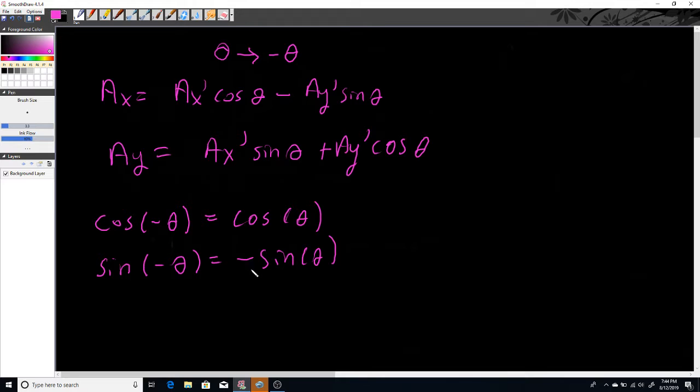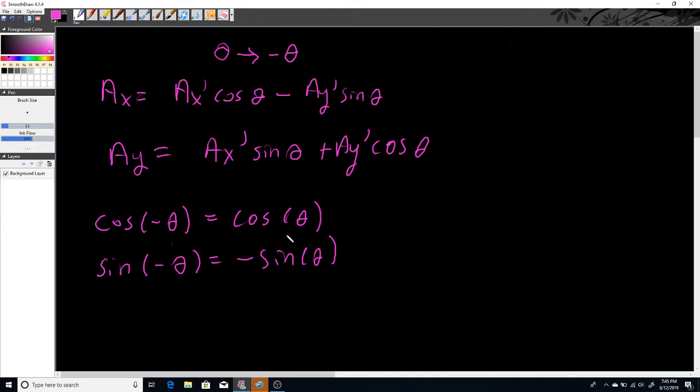So with this information, we're going to replace theta with negative theta everywhere. And then everywhere there's an a of x prime, you write an a of x, and everywhere there's an a of y prime, you write an a of y, and the reverse for here.